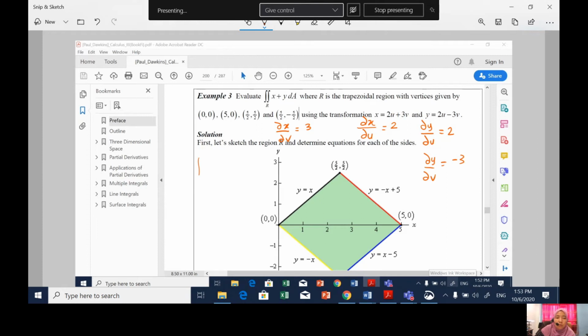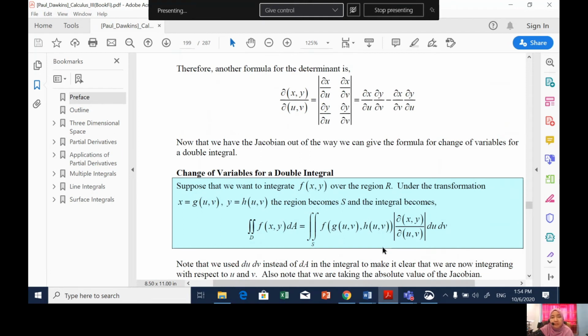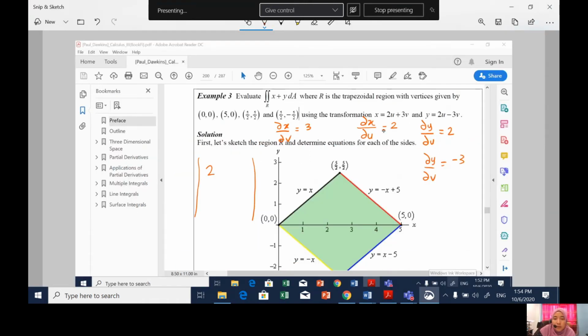Okay, so when we put into the determinant form, we have here this 2. This 2 comes from the partial derivative of x with respect to u, and we have here 3. This is the partial derivative of x with respect to v.